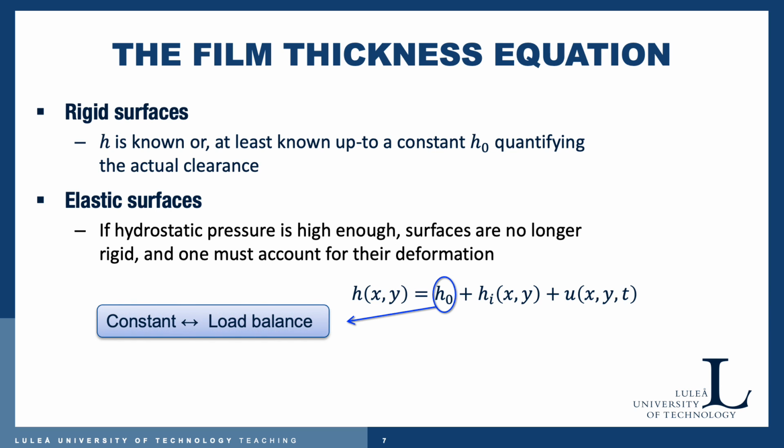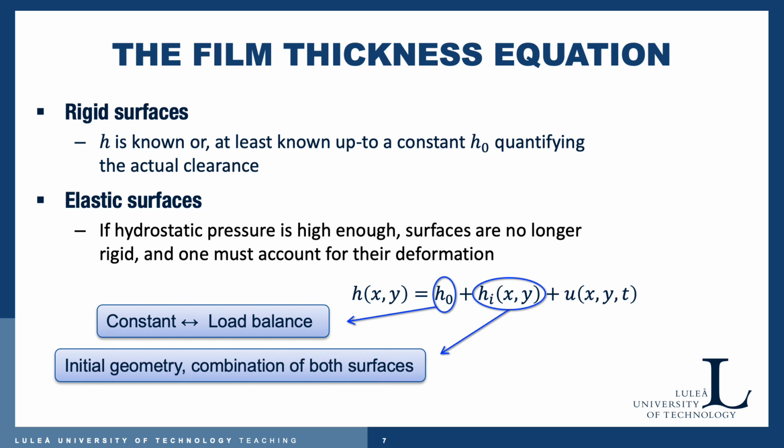So the first part here would be the constant that we can determine by means of force balance or load balance. The second one describes the initial undeformed geometry of both surfaces, and it's a combination of both, so it's similar to what we learned in the contact mechanics part of the course.